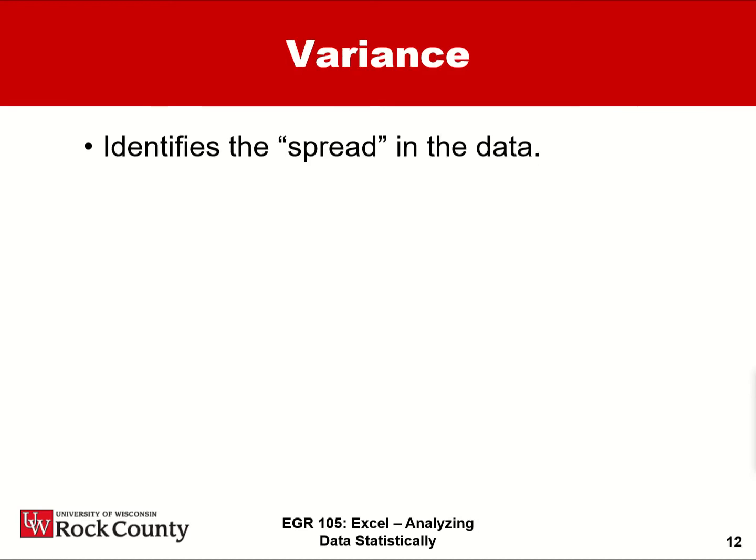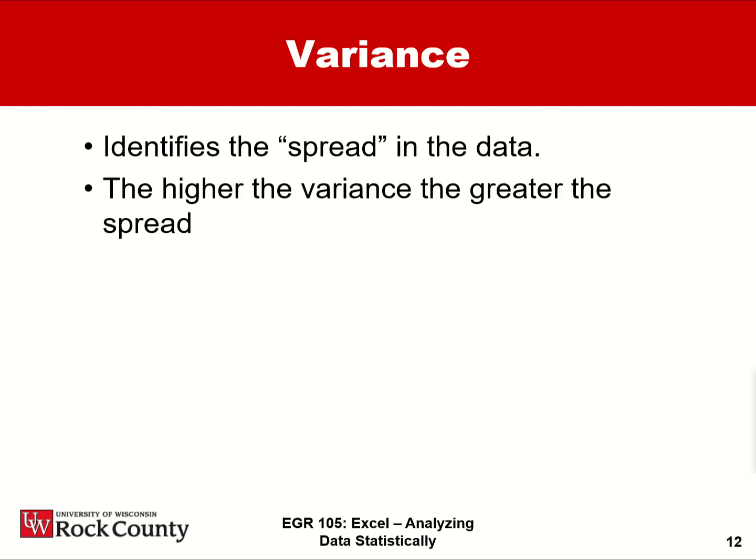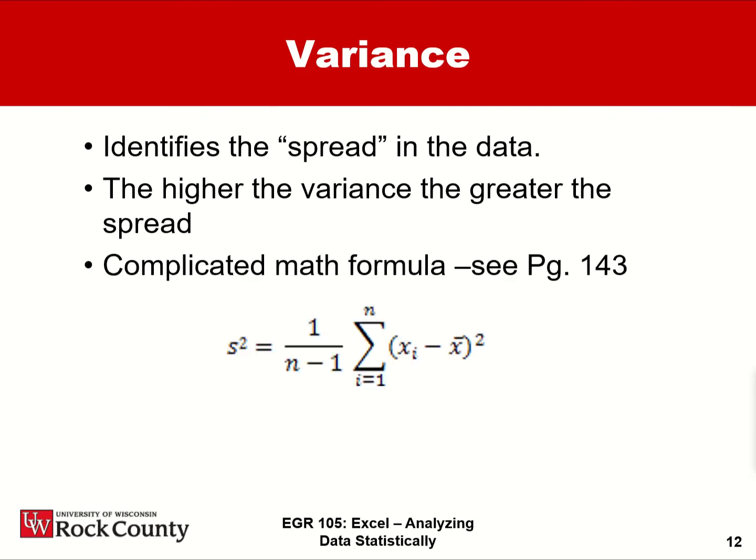And variance really identifies, again, the spread of the data. So both of these are measures of spread of data. This is one of them, right? The higher the value of the variance, the greater the spread, the larger that distribution is of the data. And it can be found using this complicated formula. It's this s squared value equals 1 over n, and then we're summing up some data.